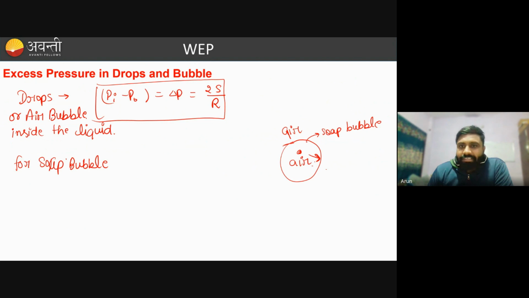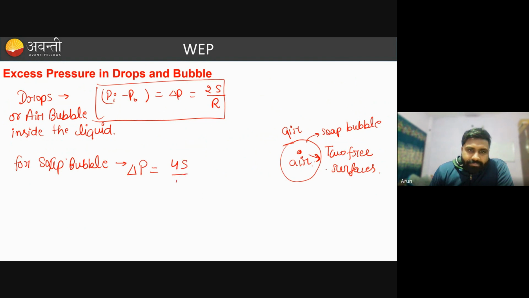So we have two free surfaces here. So for a soap bubble, the excess pressure delta P is given by 4S upon R.